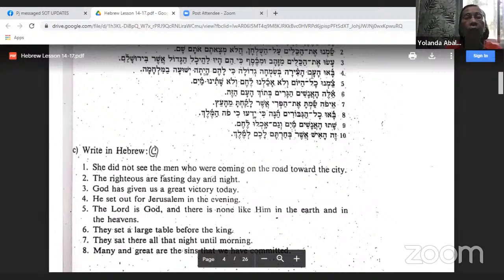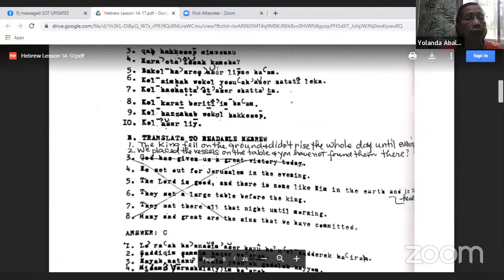Cain, Aam, the people, Haira, towards the city, Bishimka, in rejoicing or in joy, Gadula, great, K, because Lehem to them, Hayeta, there was, Yeshua, victory, Bamel Kama, in their battle. So, anong sabi niya number 4?